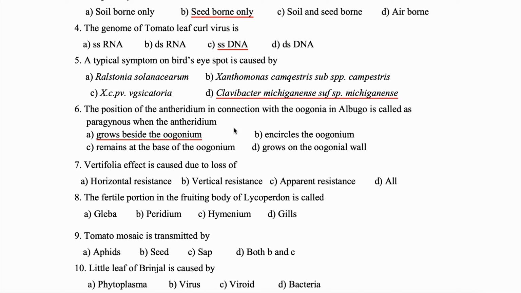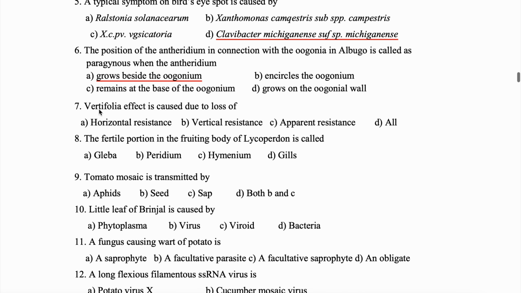We also have another term, amphigynous. In that case, what will happen? The antheridium will encircle the oogonium.